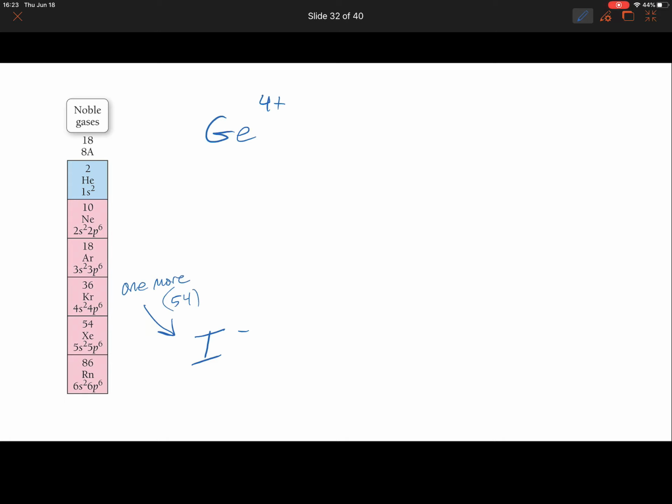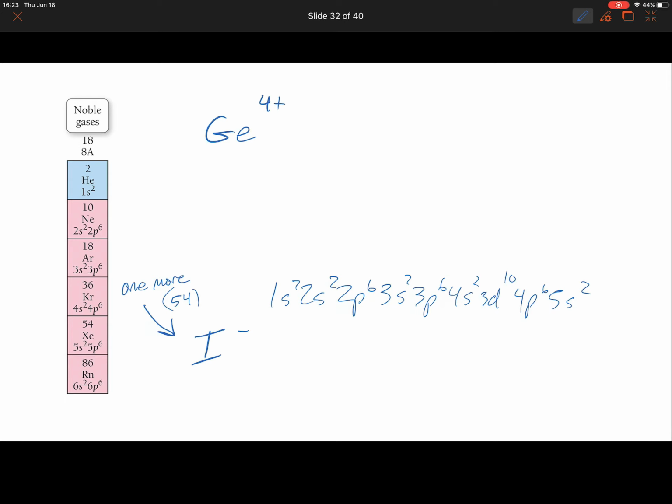And the best way to do it is just to write out the normal electron configuration for iodine and then come back and add in one more. So for example, iodine would be 1s2... Let me see what row iodine is.